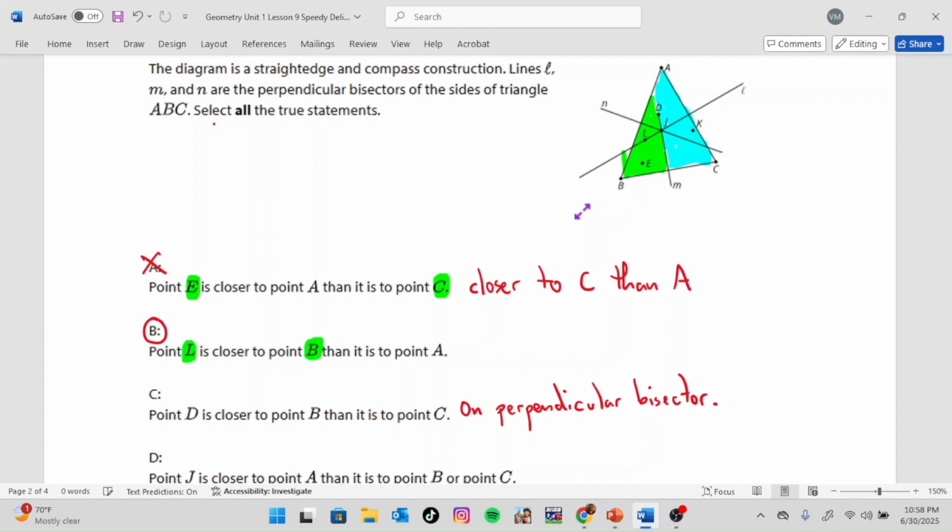Because it's on the perpendicular bisector, it is the same distance from B and C. So that means option C is not correct.